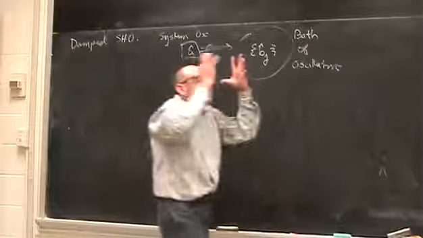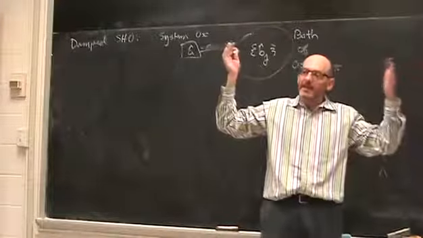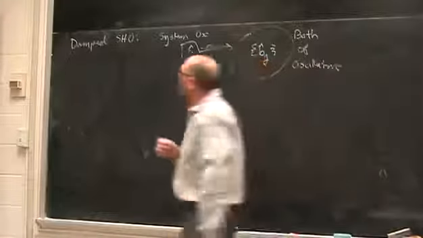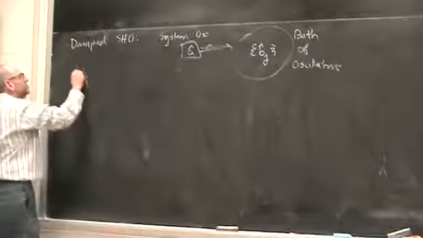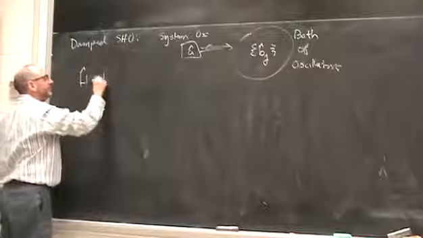Think of it as, for example, a cavity which can decay through the mirrors. The Hamiltonian is a very simple one that we use to describe this.